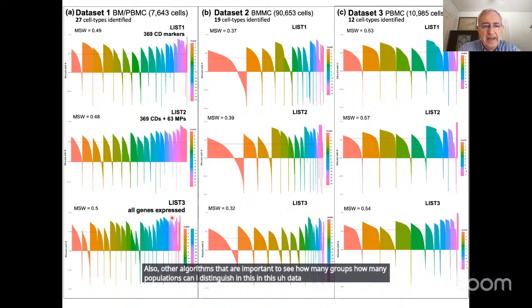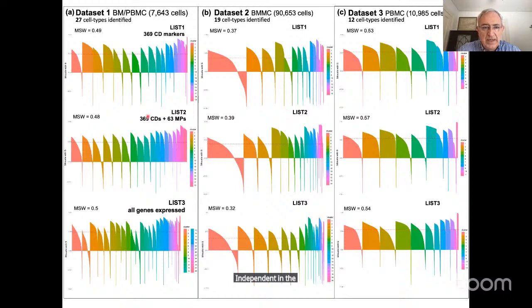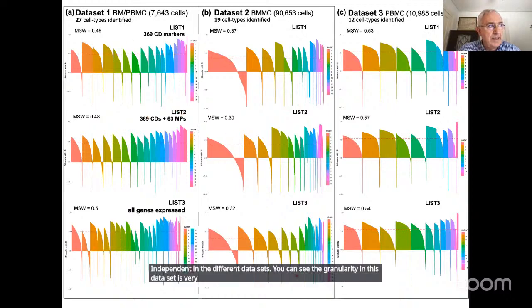And this is an algorithm that is important to identify the number of populations that are different, separated or independent in the different data sets. As you can see, the granularity in this data set is very big, and in these other two data sets it is smaller, but they are similar cells, so we keep a comparison.